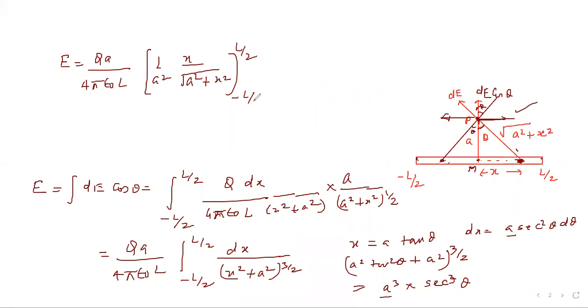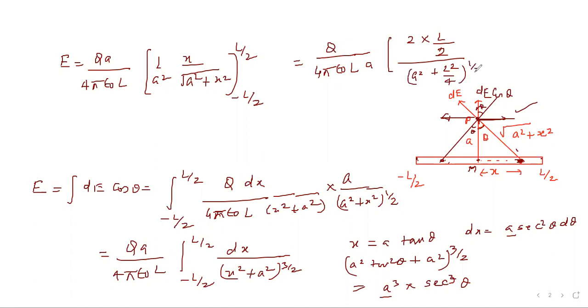Here we can take a square outside, and then one a will get cancelled, so in the denominator we get 4 pi epsilon naught L times a. Both limits have positive effects, so we write 2 times x, which becomes L upon 2, divided by a square plus L square by 4 whole power half.